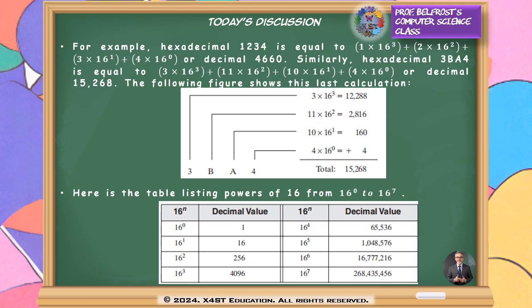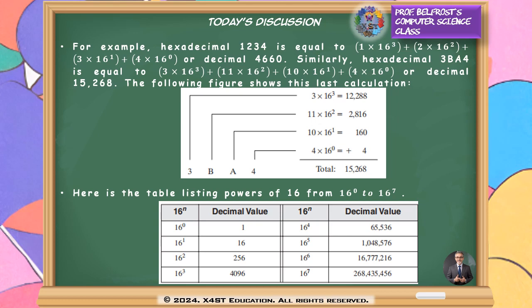Similarly, hexadecimal 3BA4 is equal to 3 times 16 cubed plus 11 times 16 squared plus 10 times 16 raised to the power 1 and 4 times 16 raised to the power 0. Or it equals the decimal 15,268. The following figures show how to do this conversion. Just do it step by step.